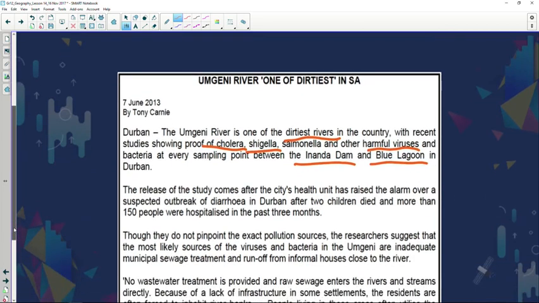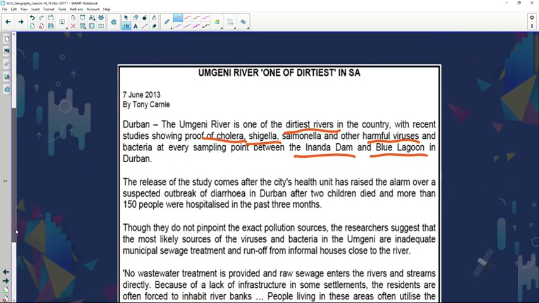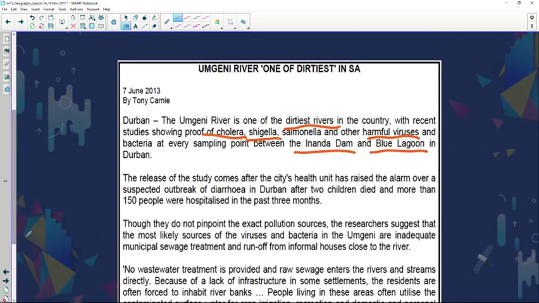The release of the study comes after the city's health unit has raised the alarm over a suspected outbreak of diarrhea. 2 children have died and 150 people were hospitalized in the last 3 months.